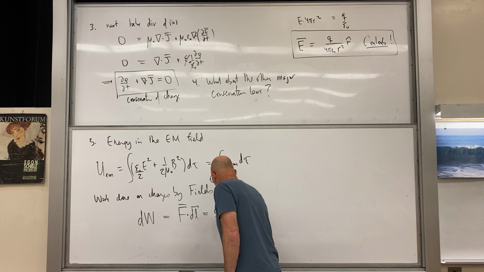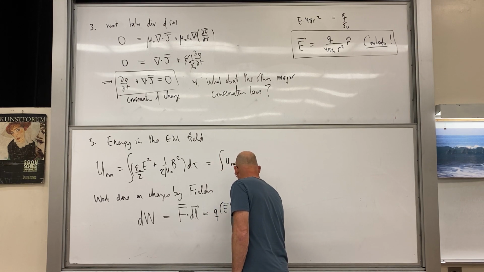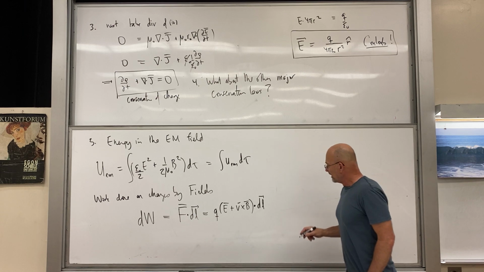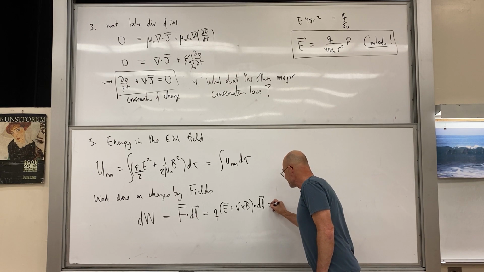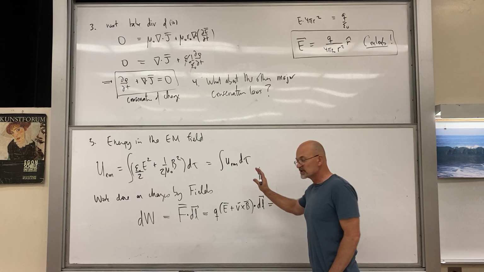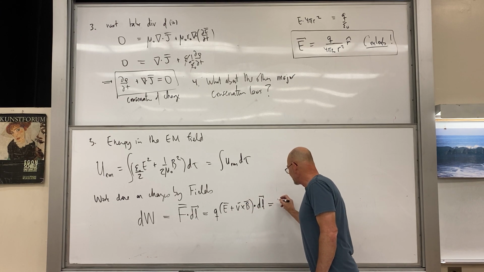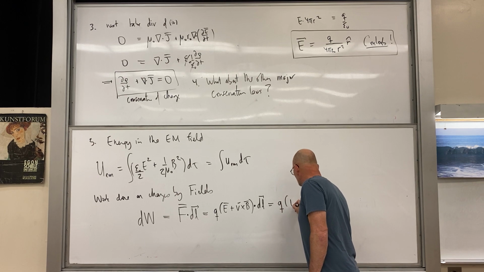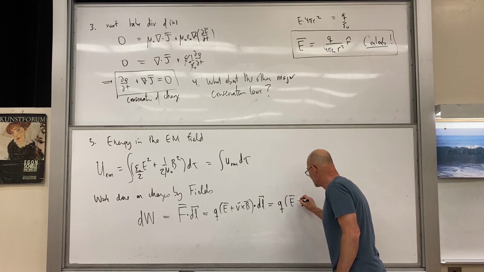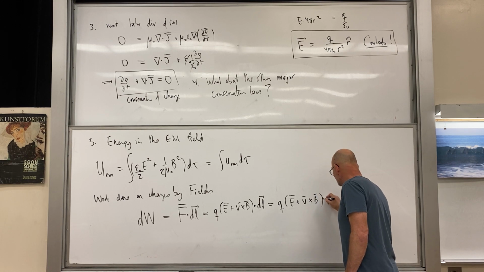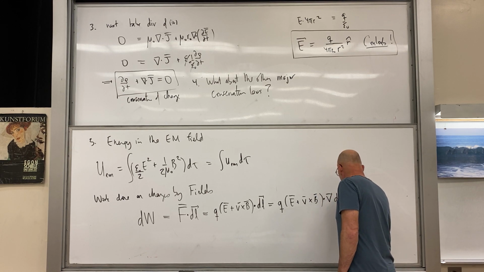So we have Q times E plus V cross B dotted into dl, and because there's motion involved, the dl can be a V dt. So Q times E plus V cross B dotted into V dt.